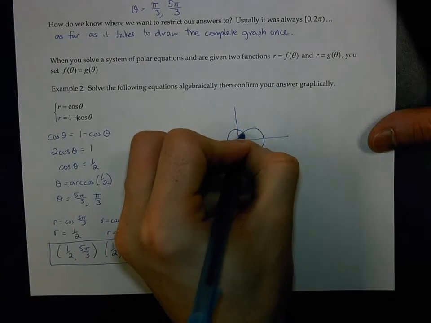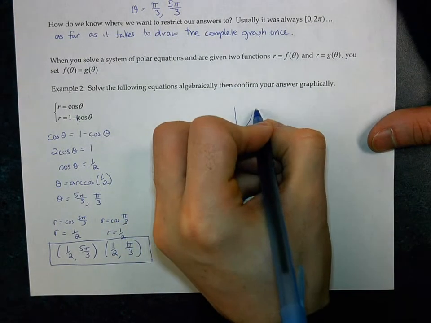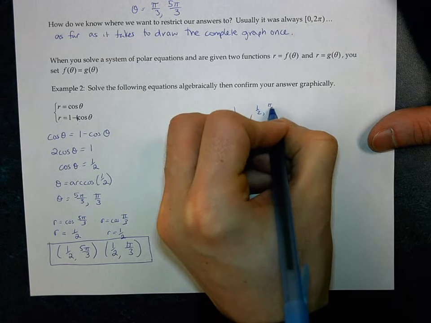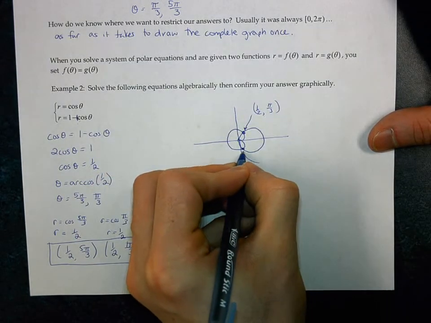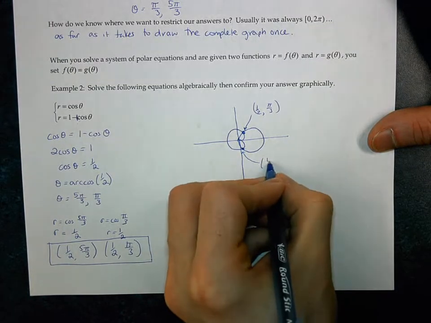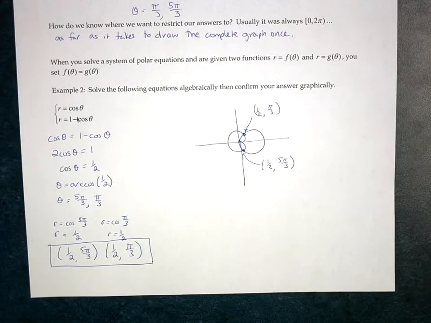So I can see there's one point of intersection. There's my 1/2 comma pi over 3. Down here, there's my other point of intersection, the 1/2 comma 5 pi over 3.